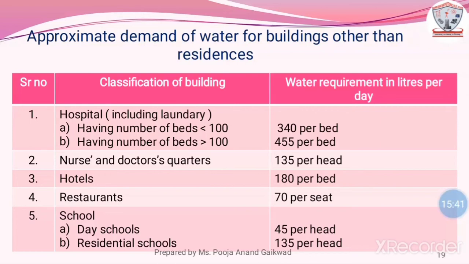Next, number of beds greater than 100, 455 per bed. Nurses and doctors quarters, 135 per head. Hotels, 180 per bed. Restaurants, 70 per seat. Then day schools, 45 per head. Residential schools, 135 per head.